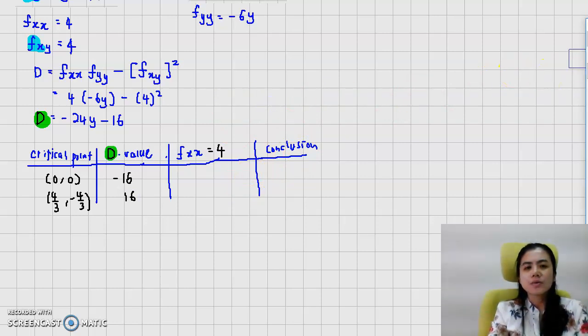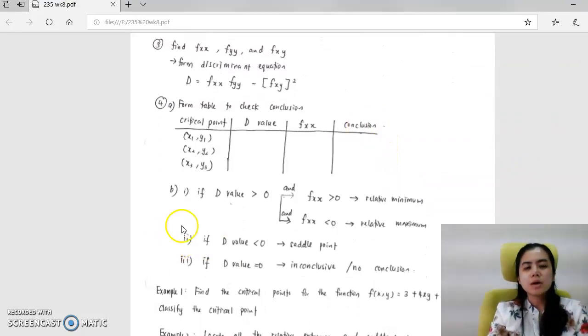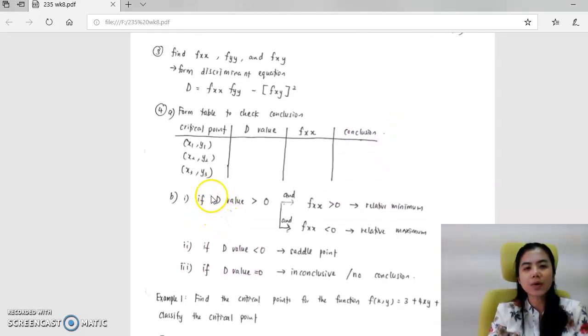So in here, I have summarized it. Okay, I summarize for you. If you are having a D value greater than 0, then you have to check your fxx value. Okay, it's either greater than 0 or less than 0. But if you have a D value less than 0, it means directly it's a saddle point.